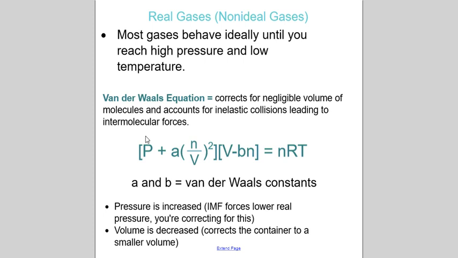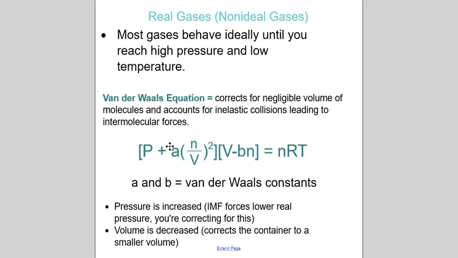In this whole equation, pressure is increased. IMF forces lower the pressure, so you're correcting for this. And if volume is decreased, it corrects the container to a smaller volume. Basically, what we're dealing with here is that these particles are now lingering and being attracted to each other. So A and B equal the van der Waals constants.